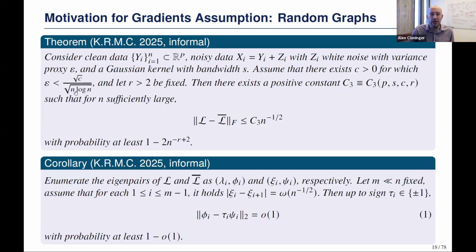That our noise variance is bounded by something involving 1/squared. Then we can actually say something really interesting. This Laplacian, the L bar, is the unknown Laplacian on the clean data. And the L is the Laplacian on the noisy data. Now, to be clear, both of these are normalized Laplacians. I'm sorry, they're symmetric normalized Laplacians in this case.